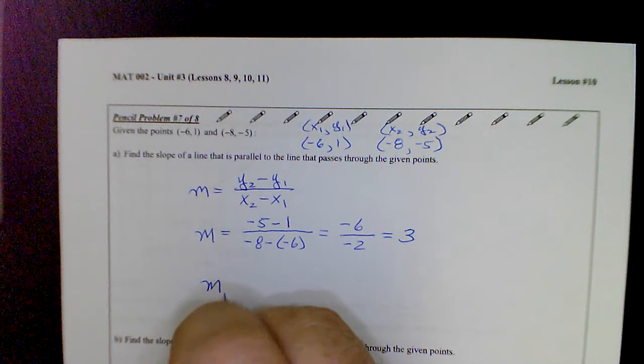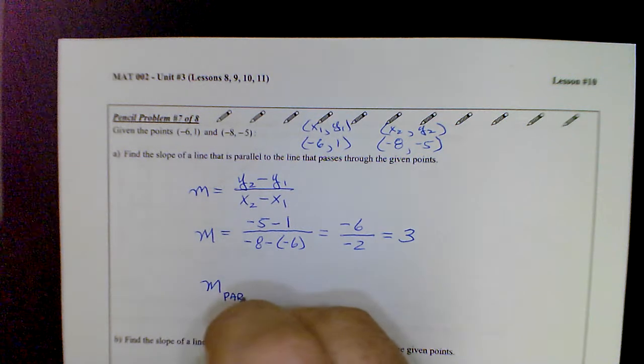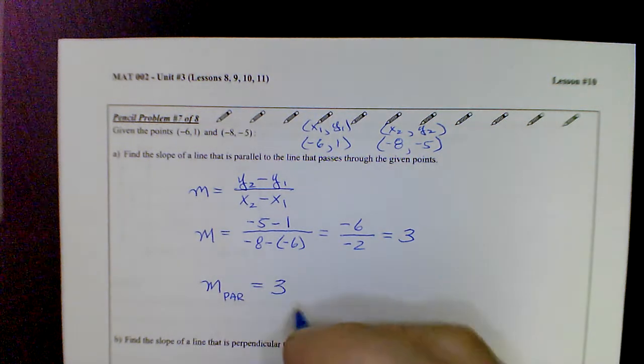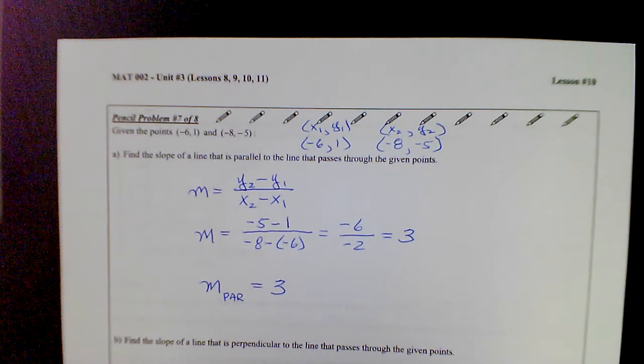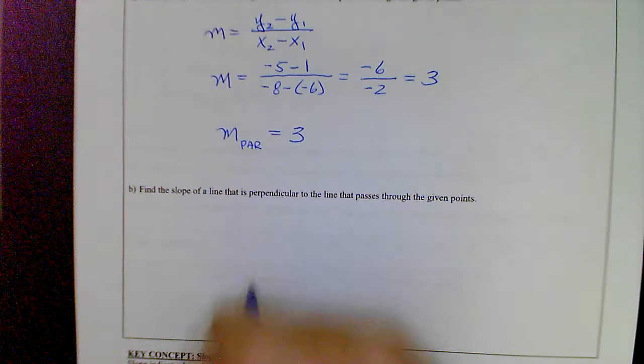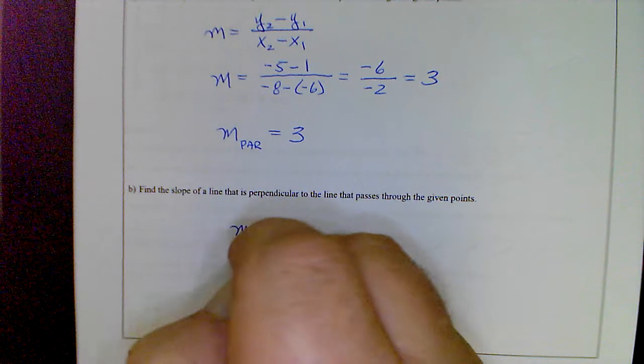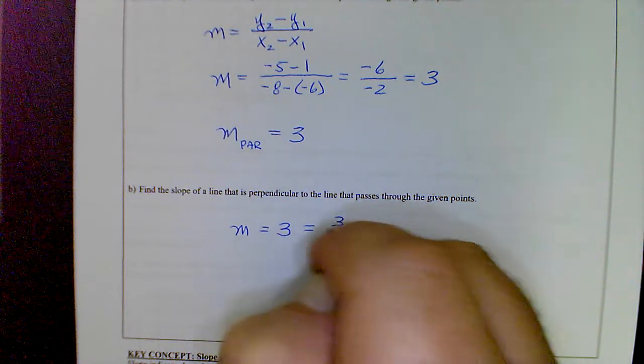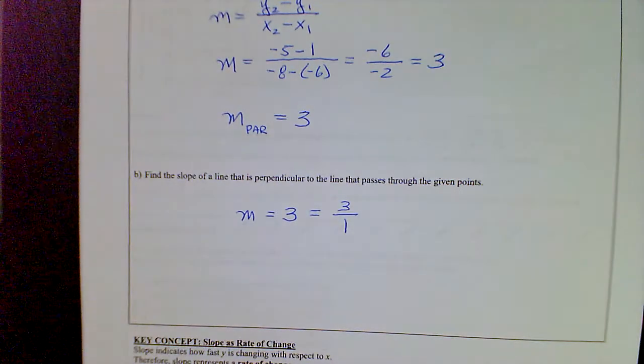So the slope of a parallel line would also be positive 3. And then for the slope of a perpendicular line, if the slope is given to be 3, if you want to write it as a fraction, write it as 3 over 1.